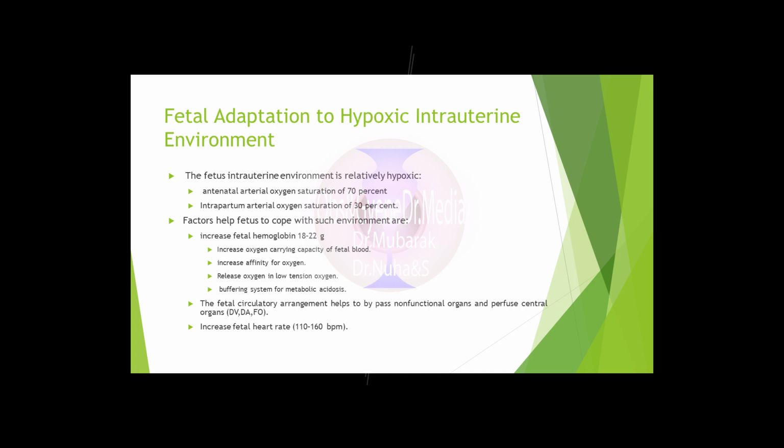This vascular arrangement enables the fetus to supply the central organs with relatively well-oxygenated blood as compared to the peripheral tissues in order to rapidly distribute the blood to vital organs. Unlike in adults, fetal myocardium beats at a higher rate, 110 to 160 beats per minute.